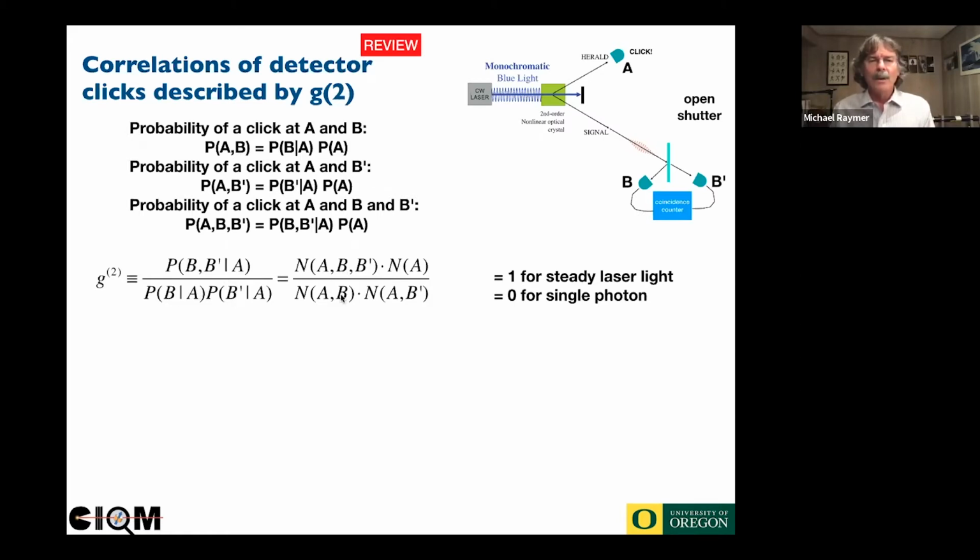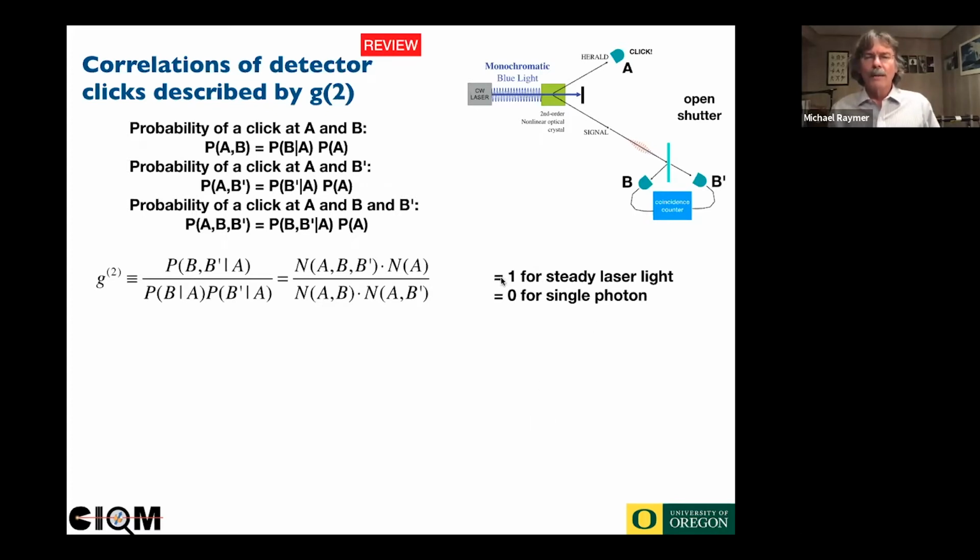We worked out some problems showing that we can calculate this based on the numbers N of the different kinds of clicks. And then Henning did a very nice experiment and showed that in this scenario, because there's ideally only one photon traveling in this path, this G2 quantity is approximately 0.